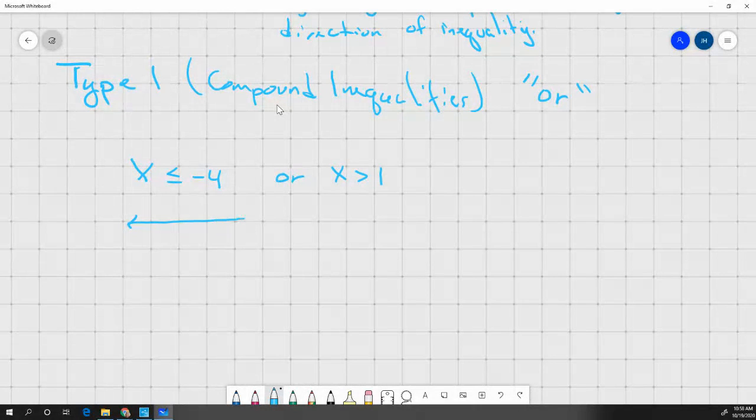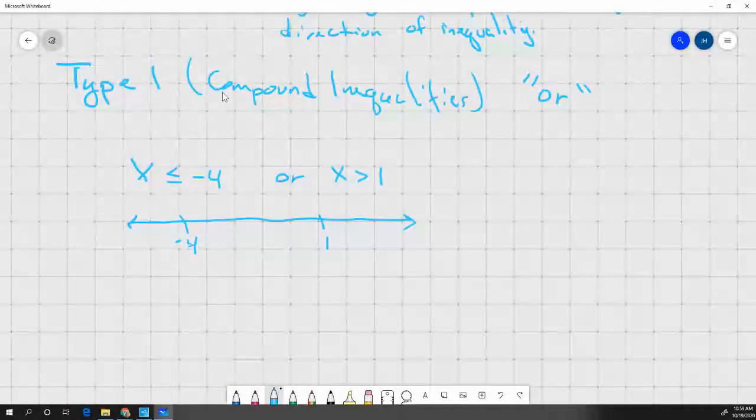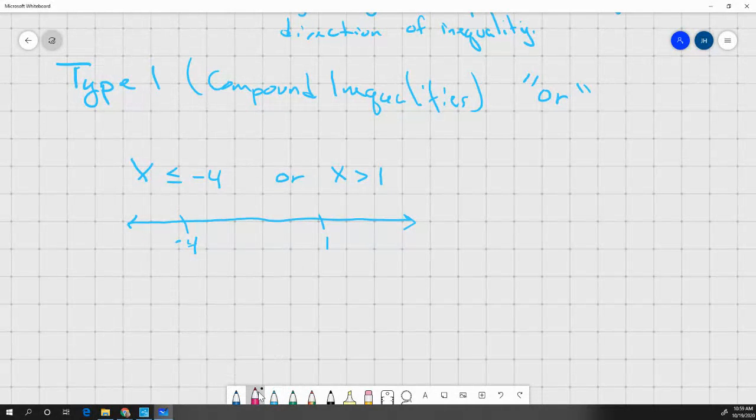So here I've got this graph, right? We're going to say right here is -4, and right here is 1. I don't know how accurate that is, but it doesn't matter because these are graphing separately, right? Right now, we're saying x is less than or equal to -4.